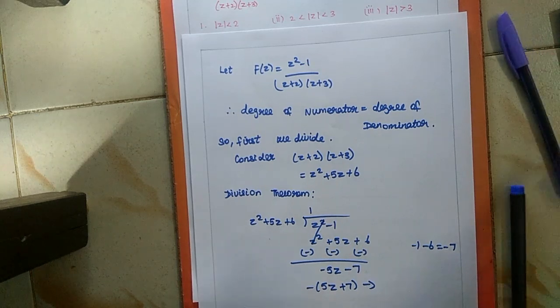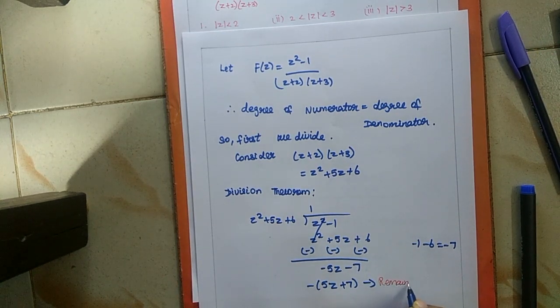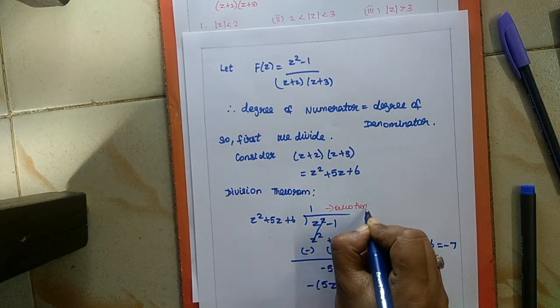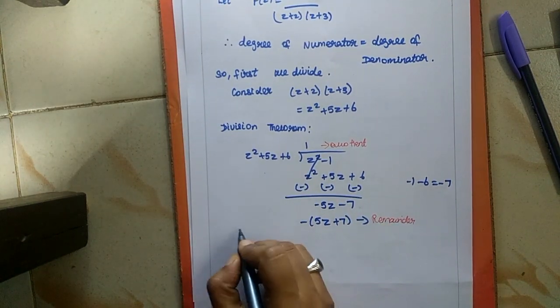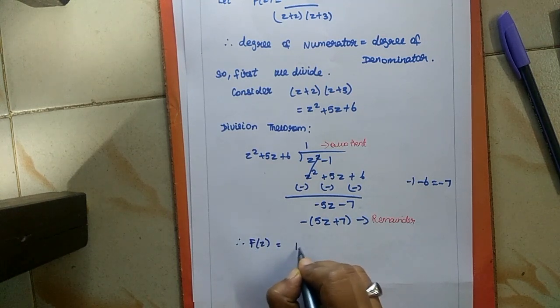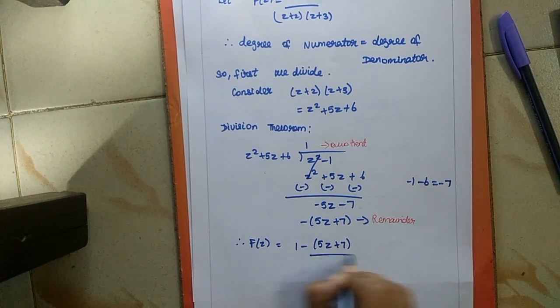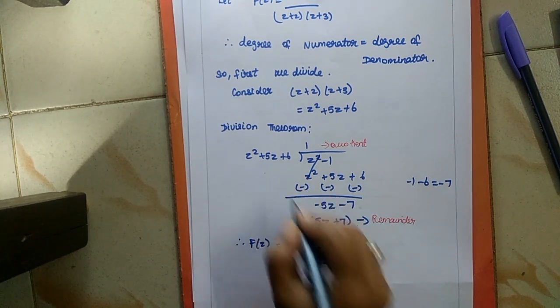This is our remainder. This quotient, f of z equal to 1 minus 5z plus 7 divided by z square plus 5z plus 6. Quotient minus remainder by divisor.